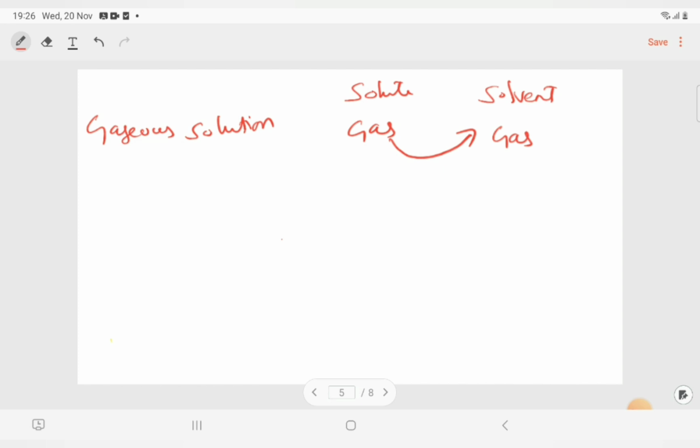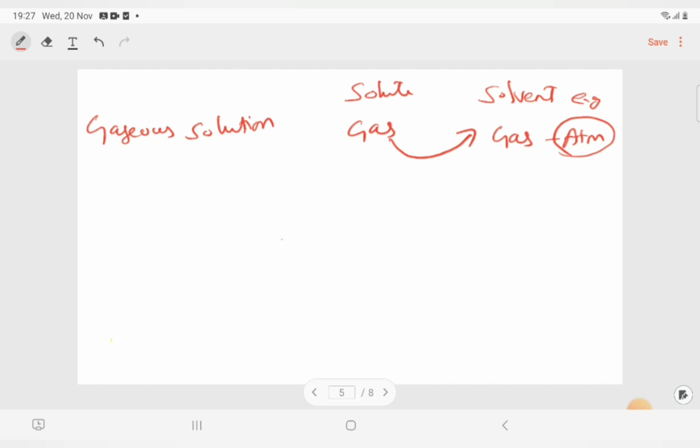Our atmosphere consists of a lot of gases, where it has many mixtures. It's not only consisting of oxygen, but it also has nitrogen, sulfur dioxide, carbon monoxide, carbon dioxide. So our atmosphere is the best example for gaseous solution.